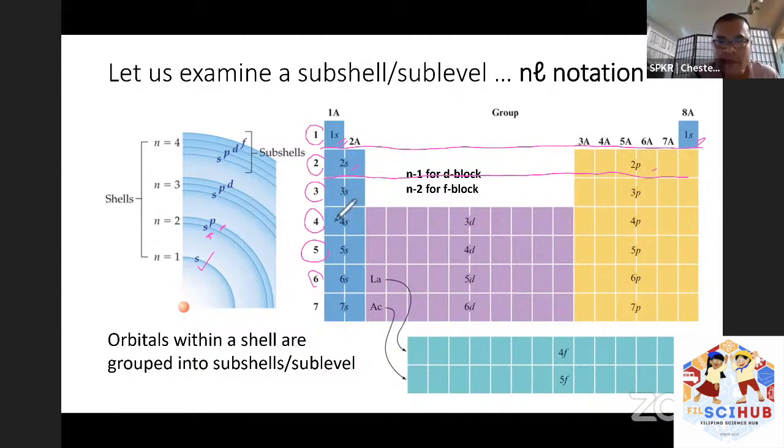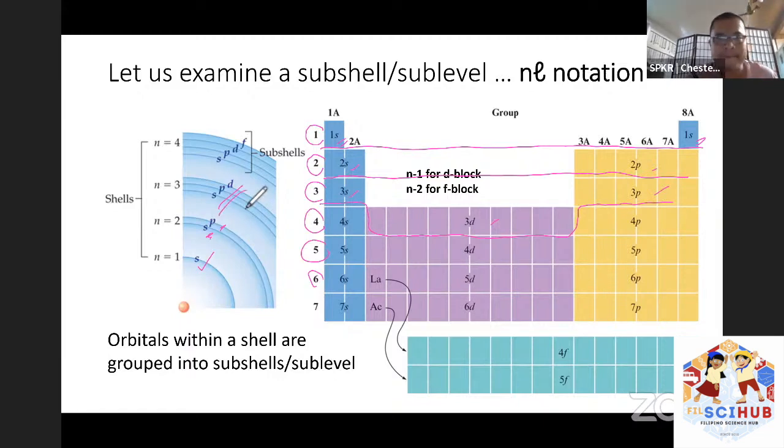N equals 3 medyo may complexity ito. Bababa ka ng isa. So n equals 3, you have S, P, and D.